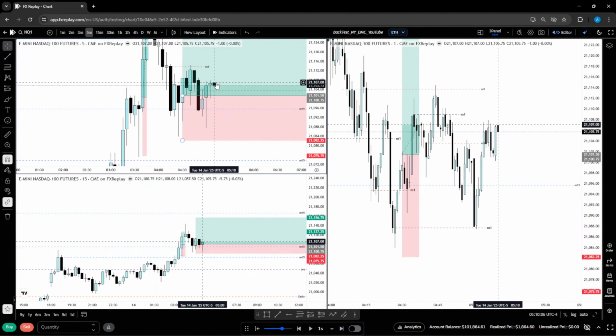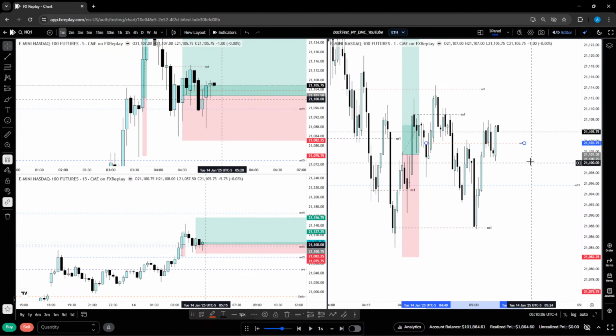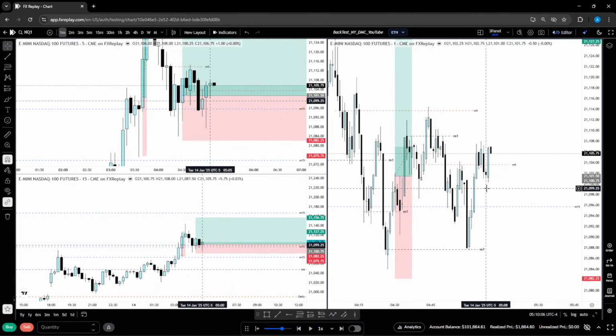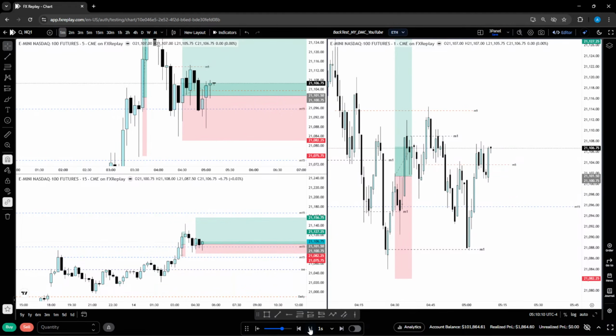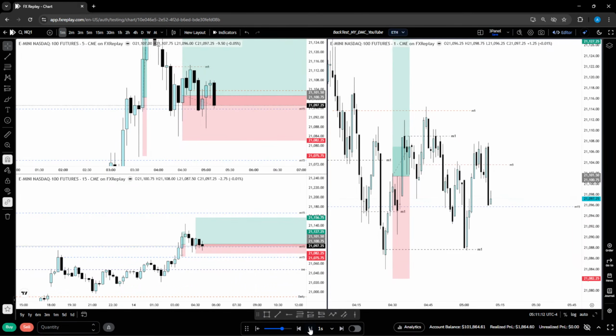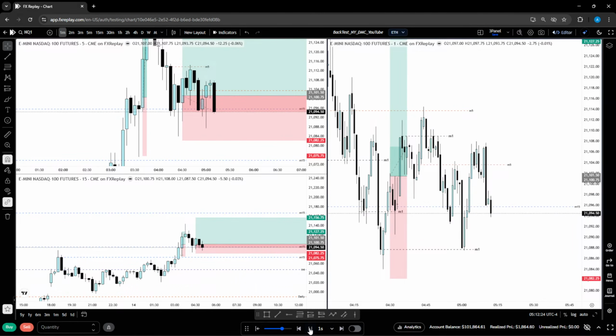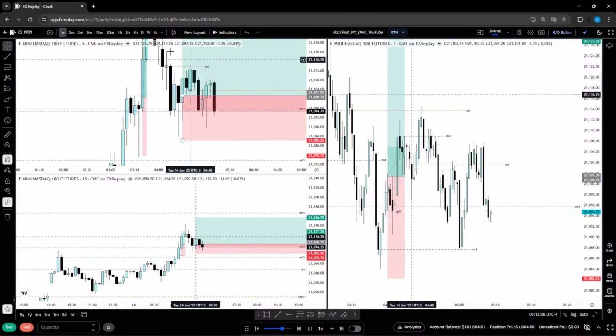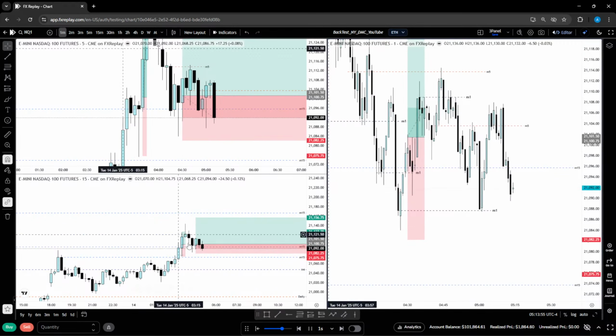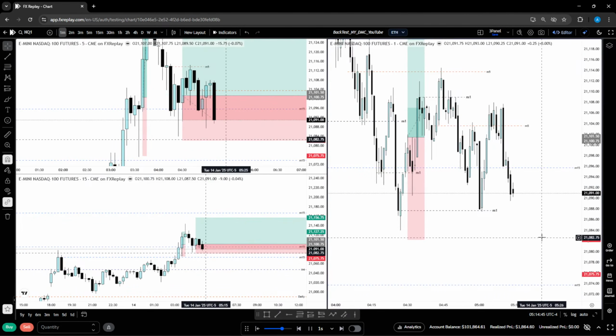So we close above. So let this thing decide where it wants to go, and then we will continue for the New York session.